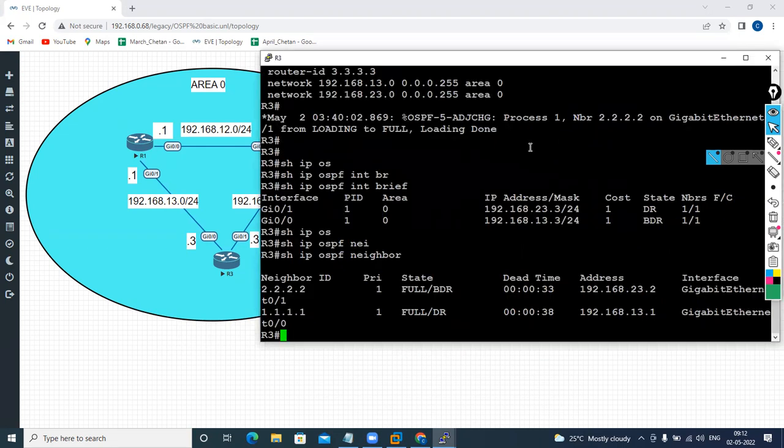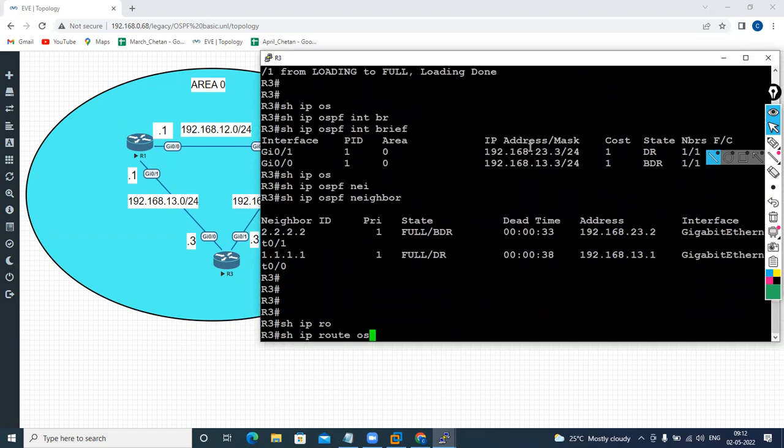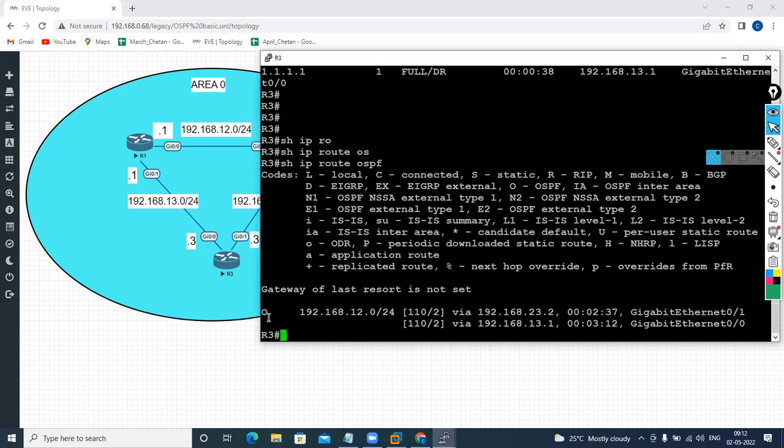Now, show IP route OSPF. So I have O route. O stands for intra area route. So if the designation is O, it is an OSPF route, but intra area.